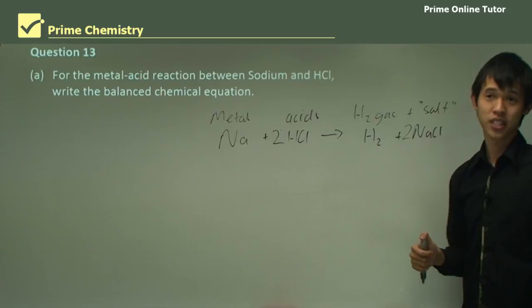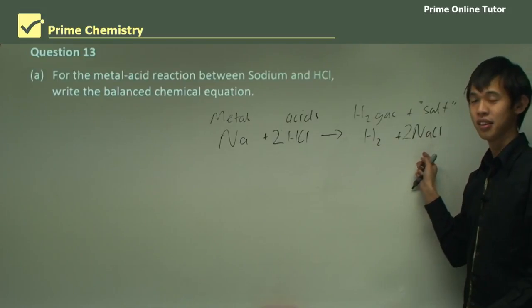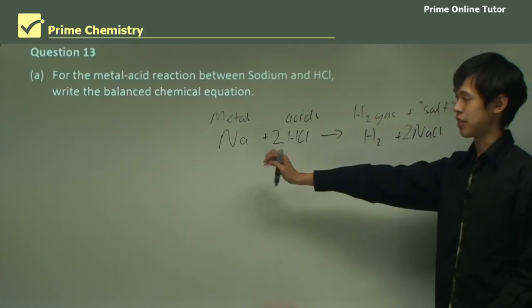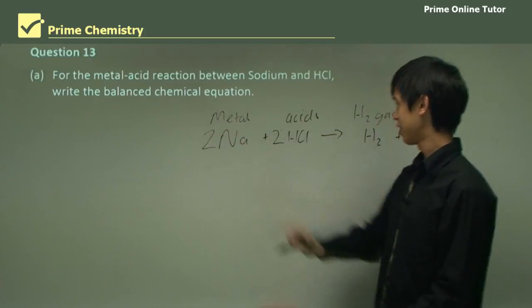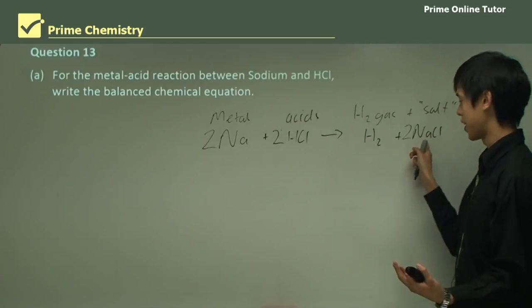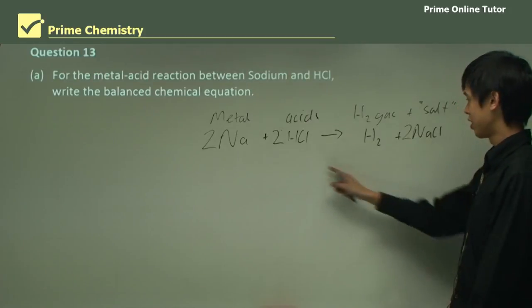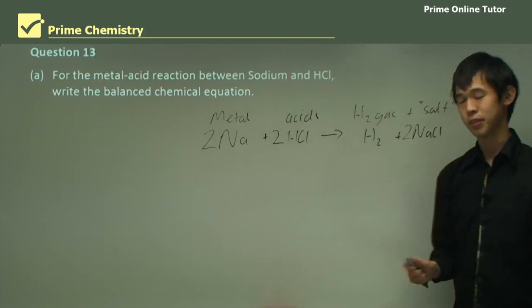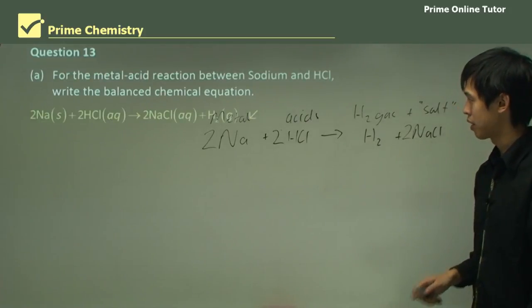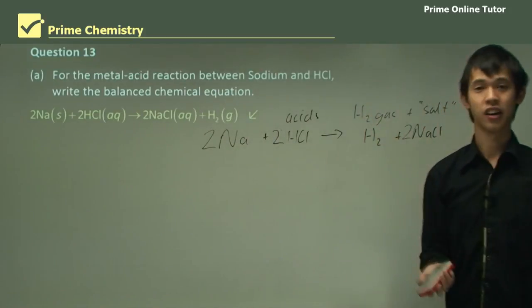And then again, we've unbalanced the system because now we have 2 Na on this side and 1 Na on that side. So now we'll put a 2 here, and that is now balanced. 2 Na, 2 Na, 2H, H2, or 2H, 2Cl, 2Cl. So we're happy. Okay. And if I rub this out for you, you'll see that that's the correct answer.